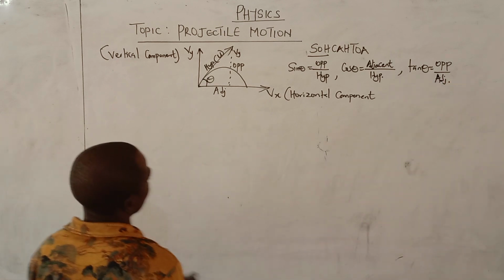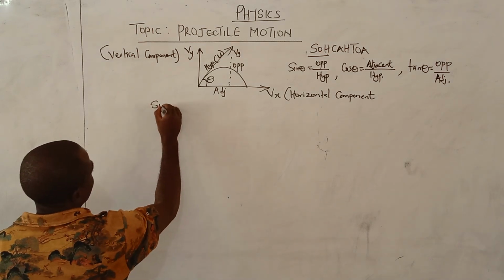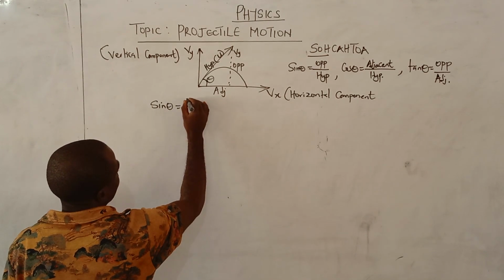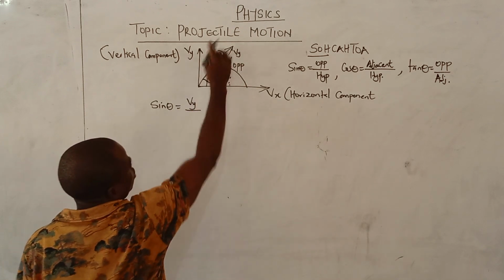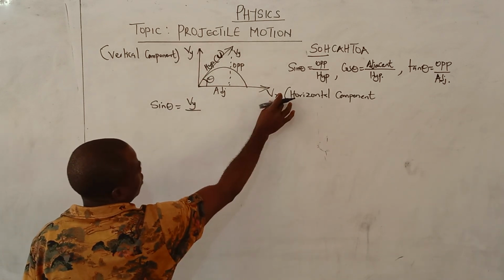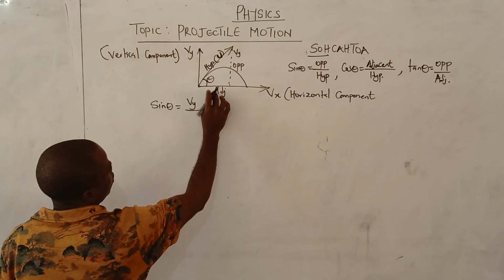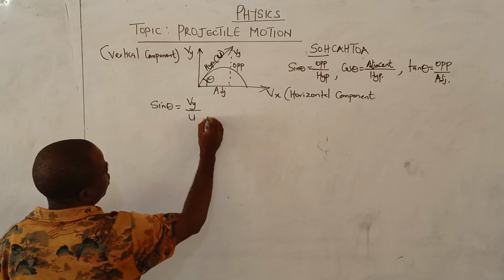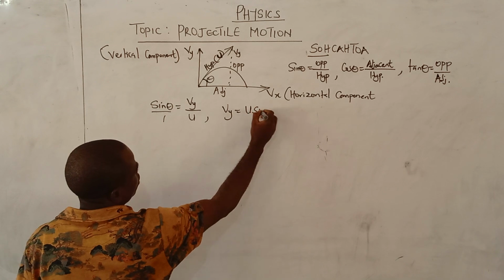Now in this case, we're going to look for the expression for sin theta. What's our opposite? Vy. Over the hypotenuse, which is u. Cross multiply, you have Vy equal to u sine theta.